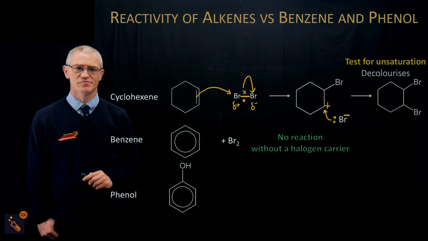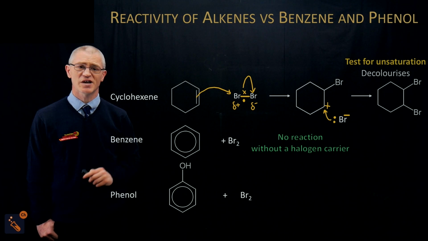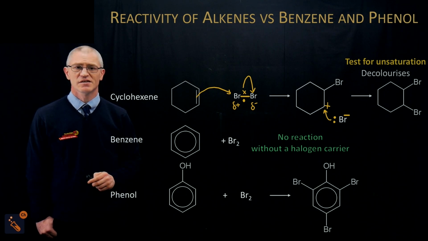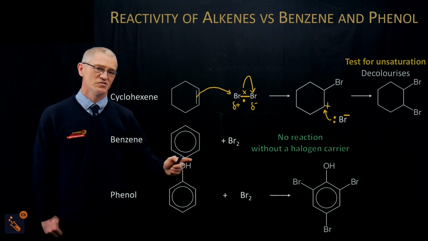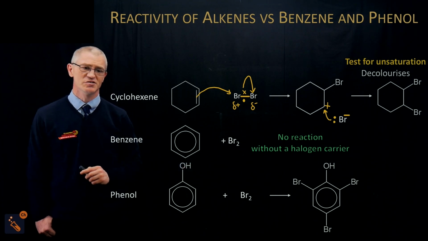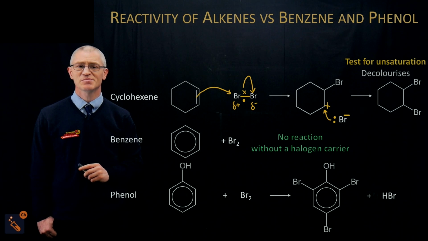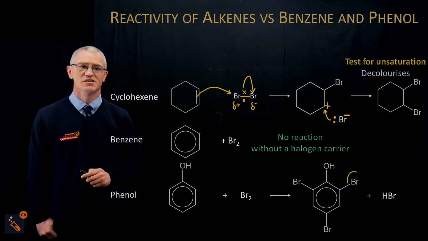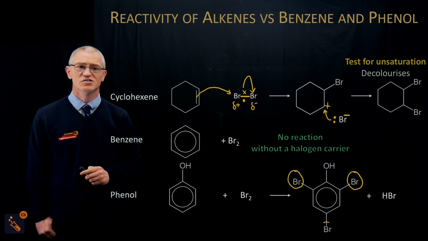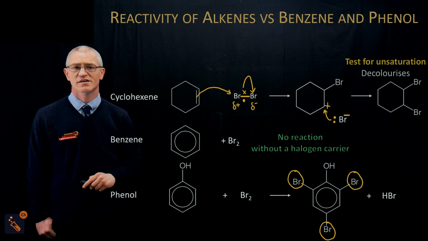Now, phenol. Phenol does react with bromine, and it reacts with bromine really well. It reacts 3 times, so three bromines, and creates HBr every single time it does the reaction. So those bromines are going to go at 2, 4, and 6.